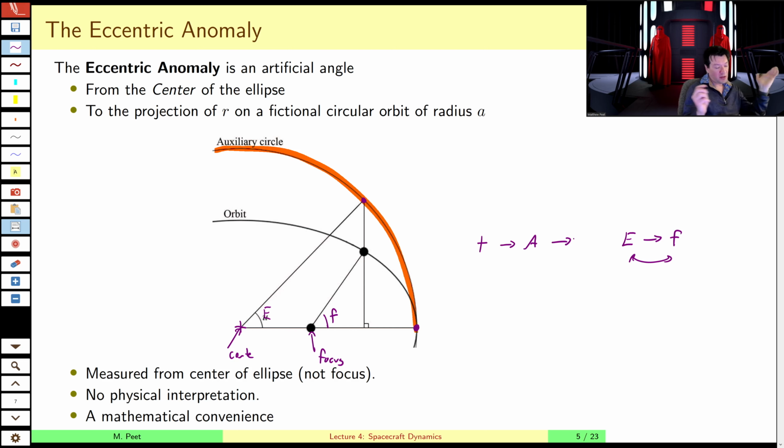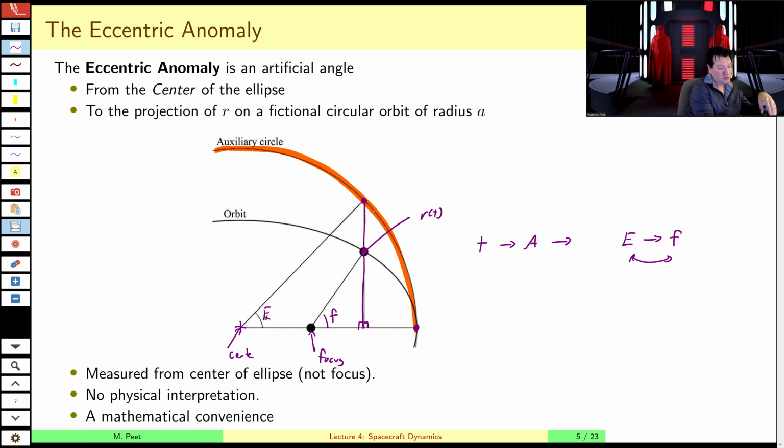So what is the eccentric anomaly? I've talked about it enough. I should actually define what it is, as opposed to just the motivation. So the eccentric anomaly is the angle you measure if you take your point on the ellipse, that's r of t, and you drop a vertical perpendicular straight down to the major axis, and then you go straight up, right?